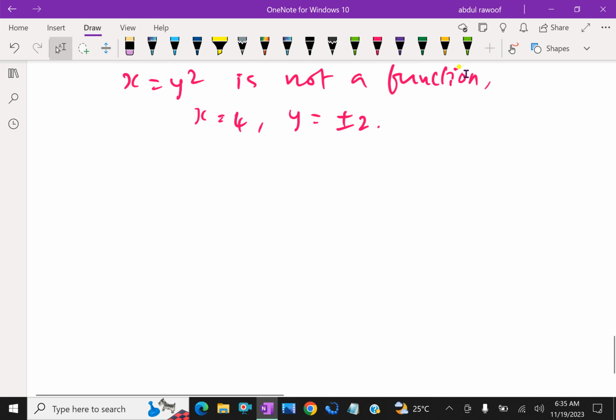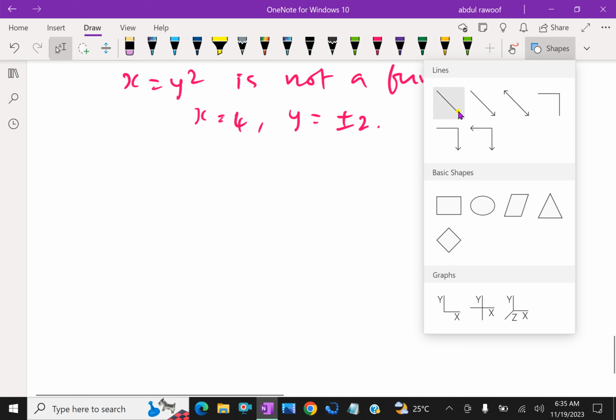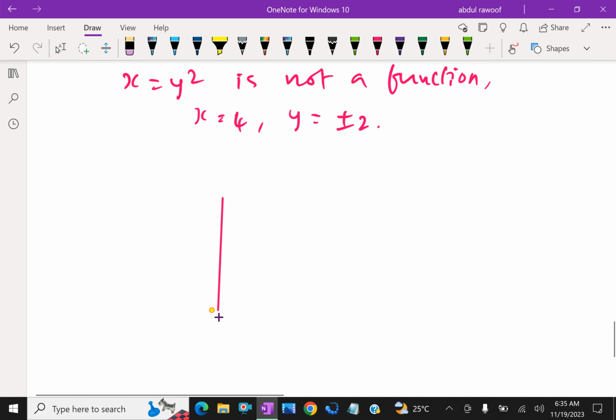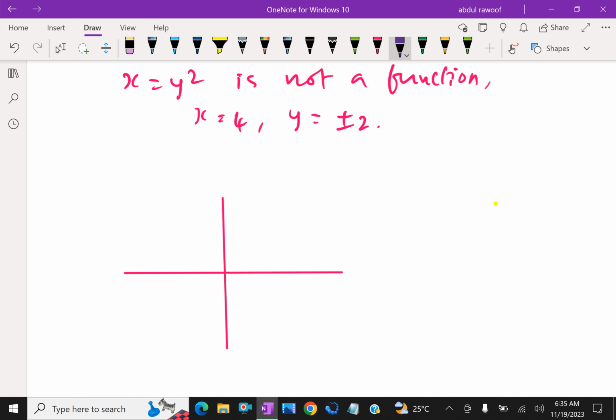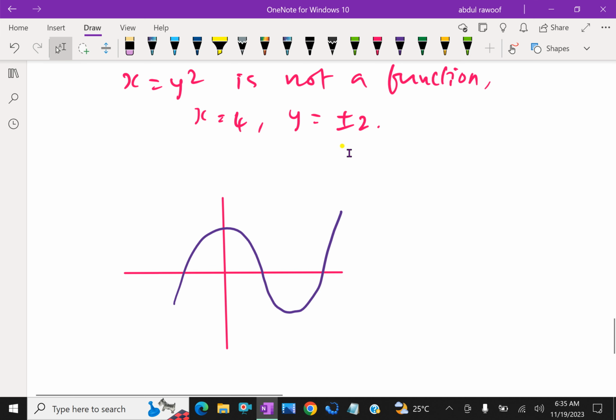Now, consider one more test. Check whether it is a function or not.